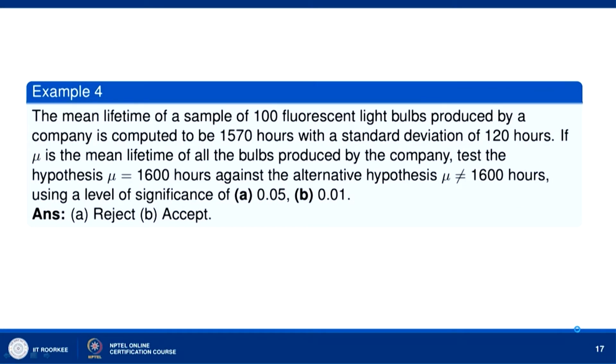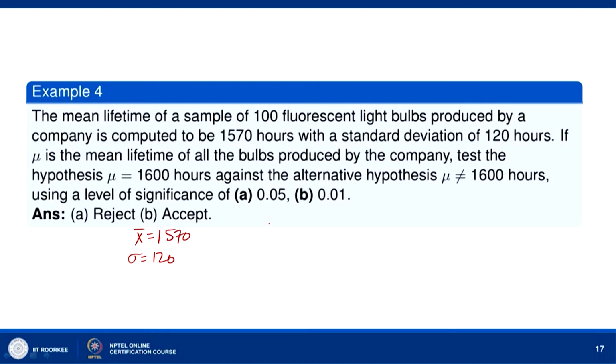Now, the mean lifetime of a sample of 100 fluorescent light bulbs produced by a company is computed to be 1570 hours. So, x bar is equal to 1570 hours, with a standard deviation sigma equal to 120 hours. Mu is the mean lifetime of all the bulbs produced by the company. Test the hypothesis mu equal to 1600 hours.